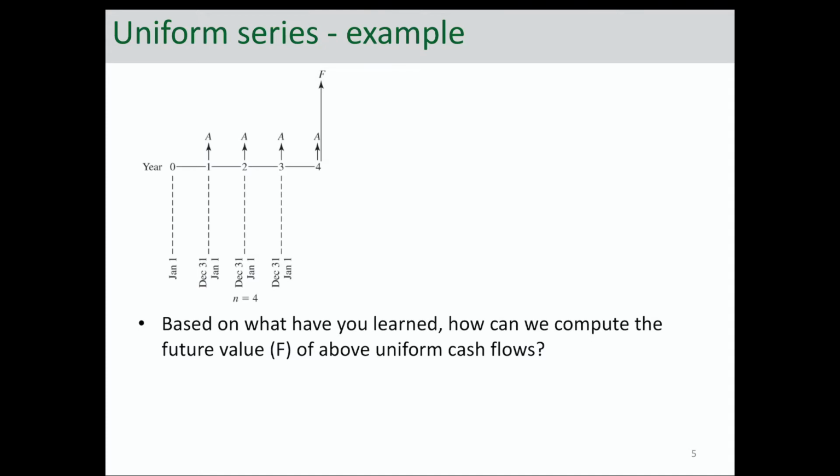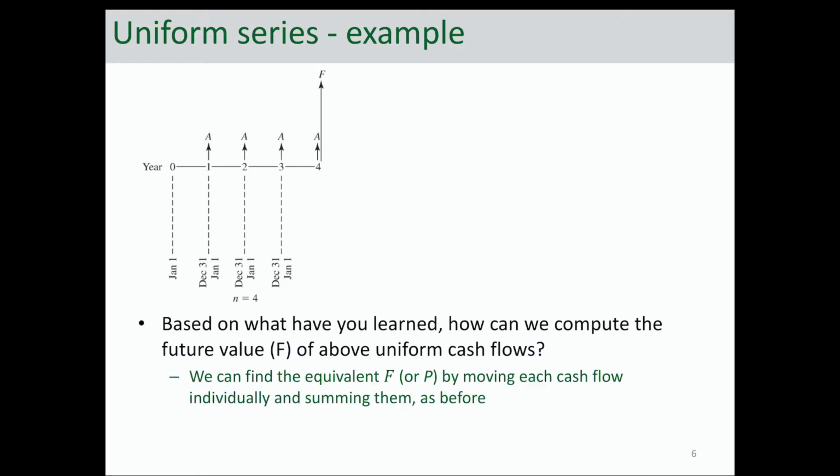So what we can do here is to basically consider these A cash flows as individual cash flows and compute the future value of each of them by considering them as P or present value at that time and computing the F value of that and then summing them up. This is a simple way to approach this.